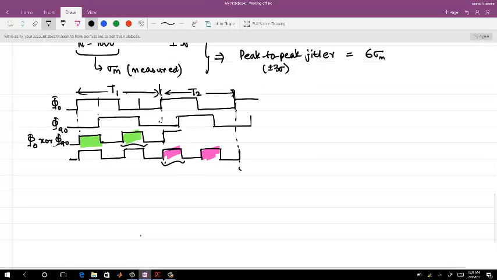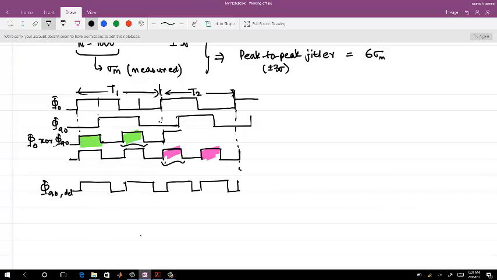If I delay phi 90, I get maybe a higher pulse for one case, then the other one is this. This is phi 0 XOR phi 90 delayed.